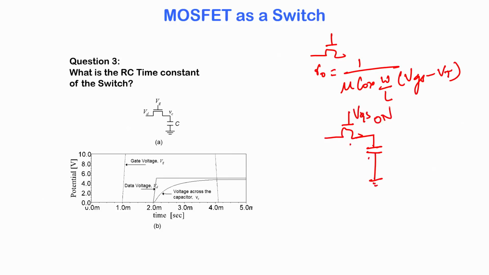So, the small signal circuit can be written as replacing this MOSFET with a small signal resistor, and here is the capacitor. What is the RC time constant of the switch capacitor circuit?